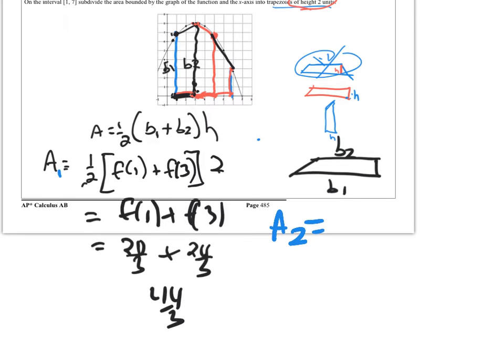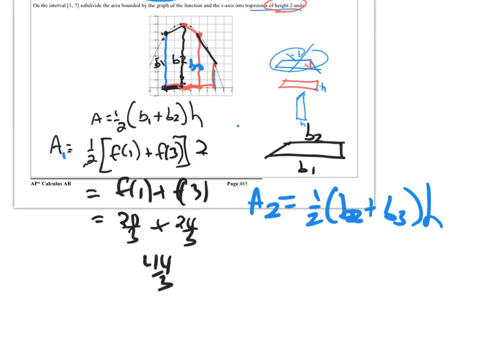The second component is 1/2 times base 2 plus, I have to call it base 3 now, times height. By the way, isn't height still a 2? Doesn't it still cancel out the 1/2? Yep.